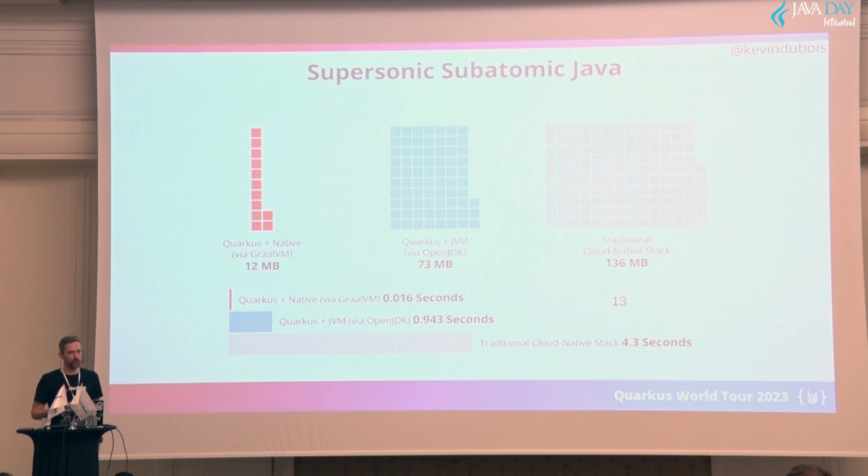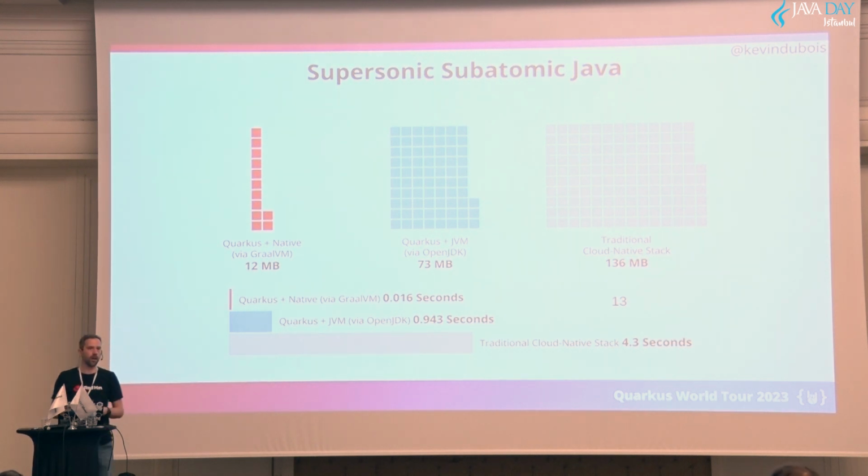So just to show the difference with your traditional cloud-native stack, think maybe a Spring Boot application or something, you can see that in terms of memory usage and startup time, the difference is pretty dramatic, right? This is also kind of an older slide. I should probably update it because it actually got even better. But you can see in terms of startup time, 4.3 seconds versus sub-second.